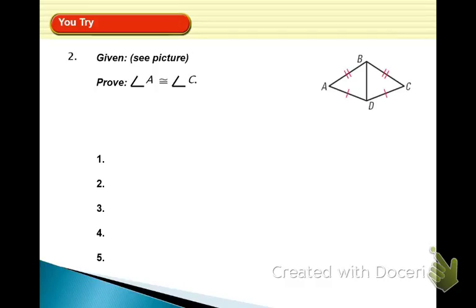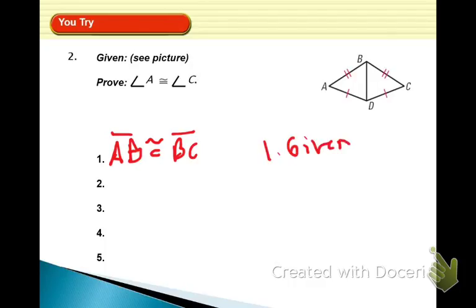Right. So we'll put those first. We'll say AB is congruent to BC. Sorry, not AD. AB is congruent to BC, and that's by given. And we'll say AD is congruent to CD. And that's by given.